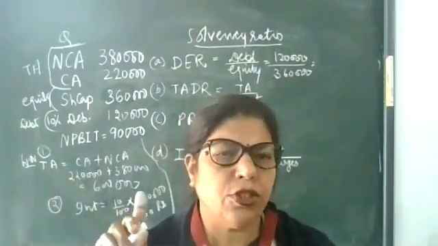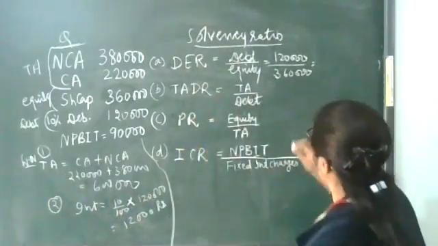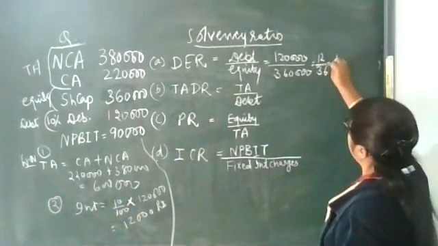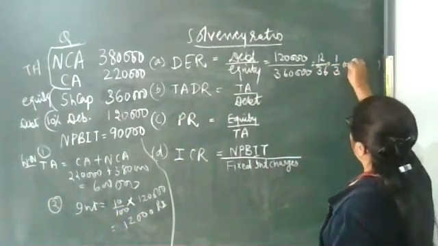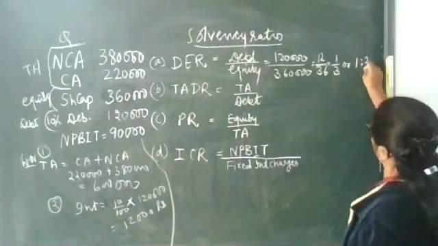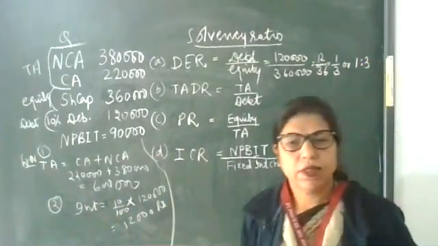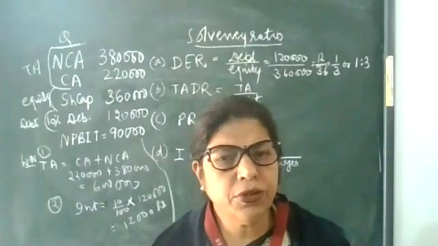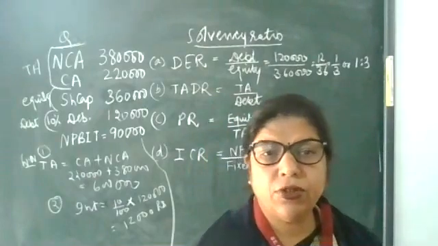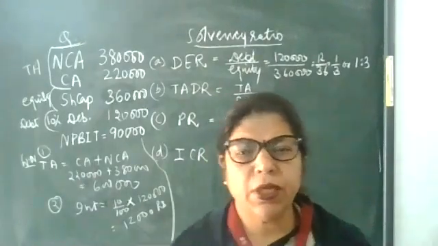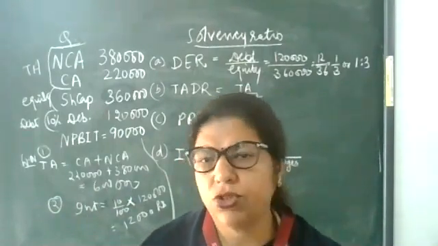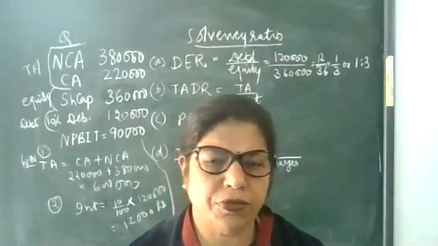Now we cut the zeros first. So that is 12 upon 36, 1 upon 3, or 1 is to 3. Clear? Any doubt? Do you have any doubt in this point? Or we can bring that in lowest term also, 0.33:1. Both are correct.